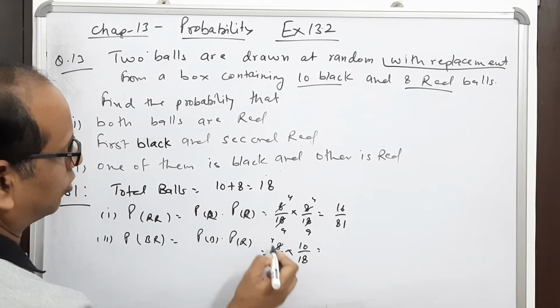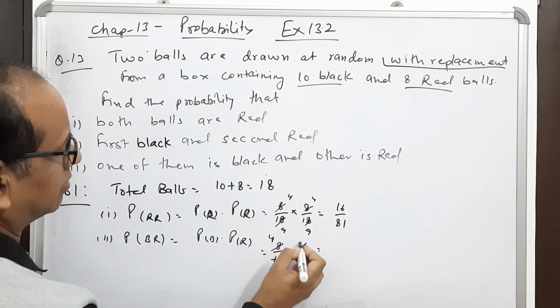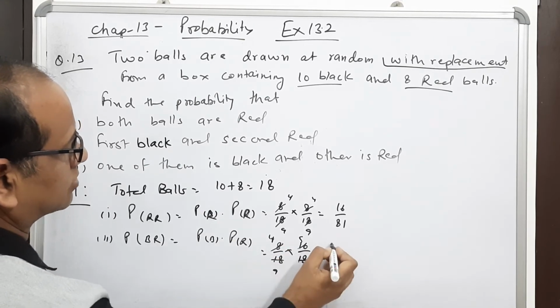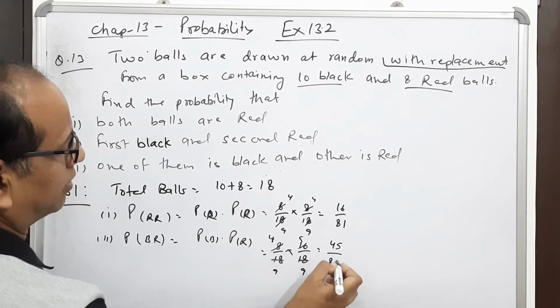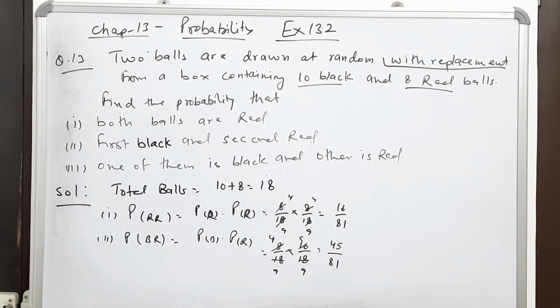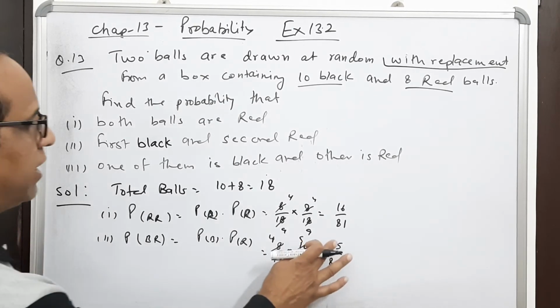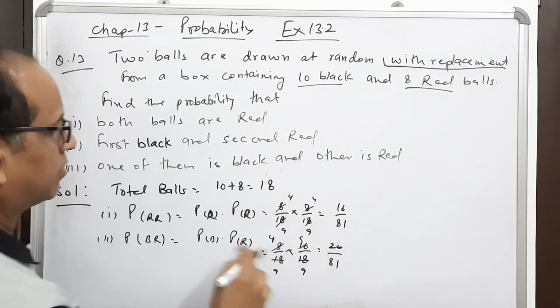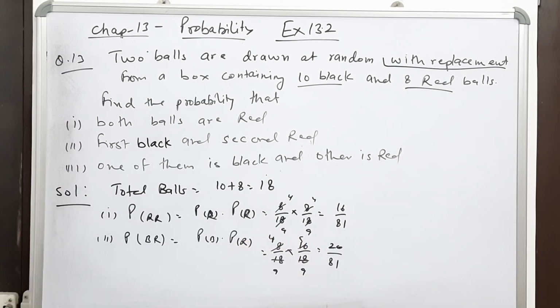So we can say 5 by 9 and 4 by 9. So the answer is 20 upon 81. That is the second answer. So that is the probability of black and red.